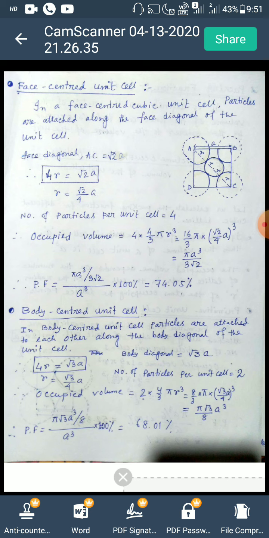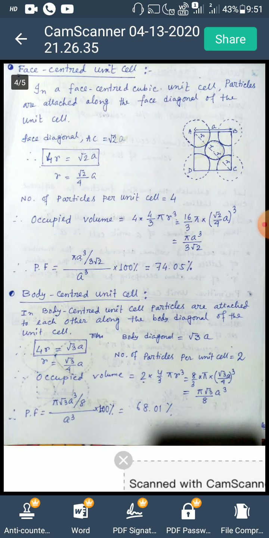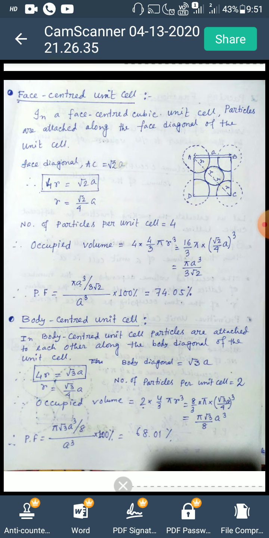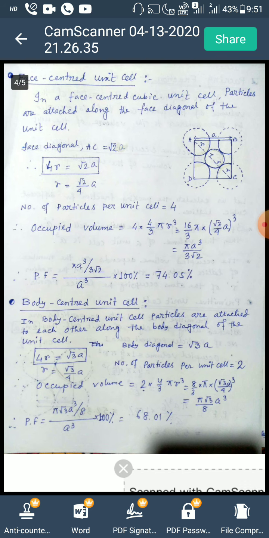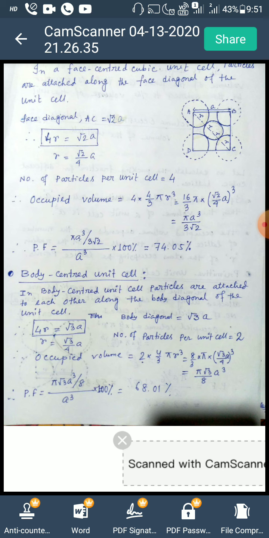The particles are attached along the face diagonal, so the face diagonal is also r plus r plus r plus r, that is 4r. So 4r is equal to root 2a, so r is equal to root 2 by 4 into a.